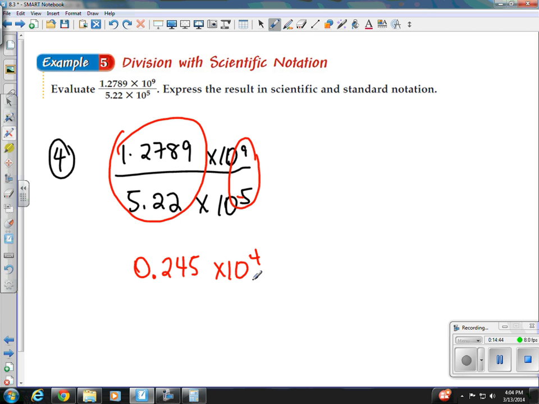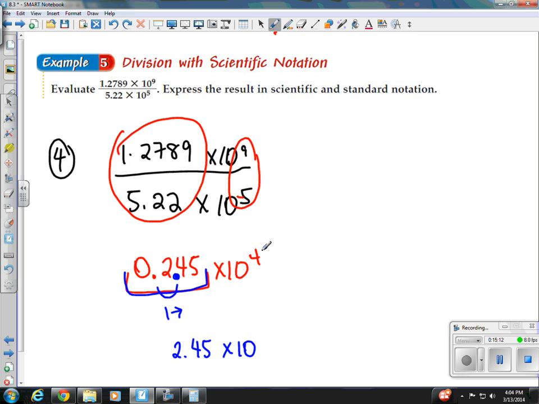So once again, we want to check, make sure our number is between 1 and 10. And he's not. .245 is less than 1, so I'm going to have to move the decimal here to make it 2.45. So I took it to the right one. And 2 is between 1 and 10, so we're good. So 2.45 times 10.